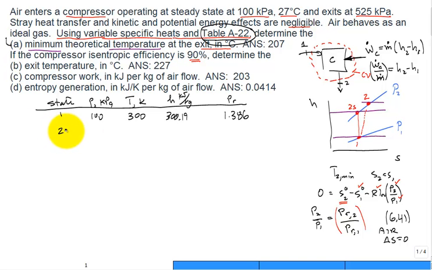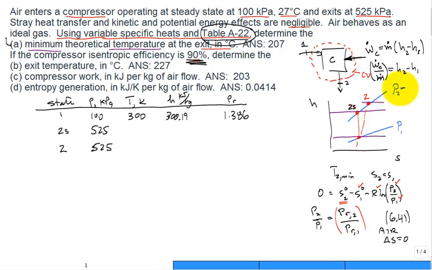Now for state 2, we're first going to go isentropic. So I'll call it state 2s, just like this. State 2s. And then we're going to account for the isentropic efficiency of the compressor. Sometimes you put 2 or 2 actual for the other state. Well, it jumps up to what pressure? 525. So both of these have the same exit pressure.